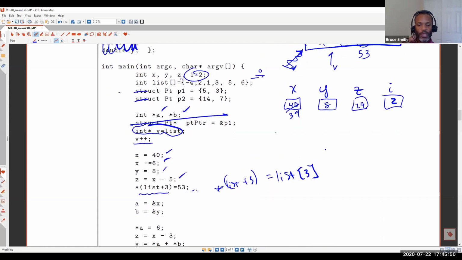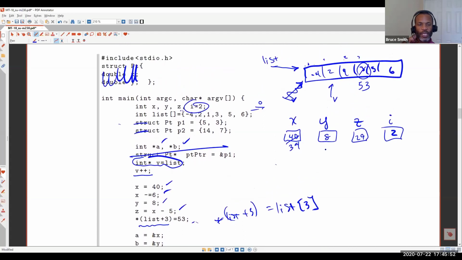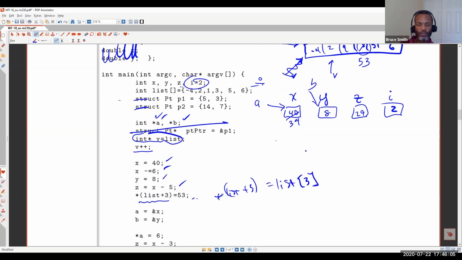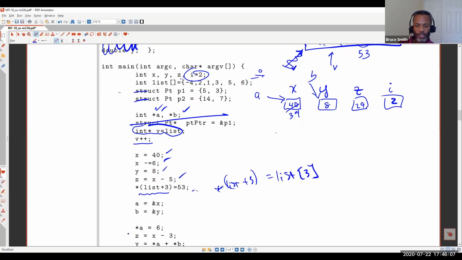A couple more. a equals the address of x. So a is a pointer that was declared. b is pointing to y. And then this says the dereferenced value of a gets 6. Remember, every time you see an asterisk a, you can ask what am I pointing to?